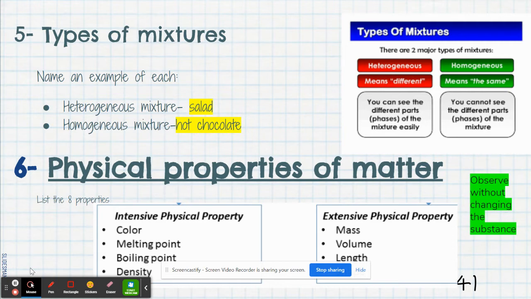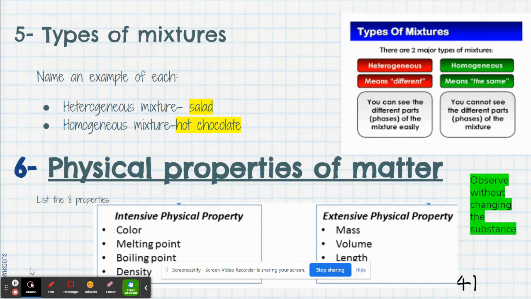Perhaps you remember when we studied genetics last year and we were looking at those same terms applied to different contexts. So a heterogeneous mixture, things that are different, could be a salad. You've got lettuce, cucumbers, tomatoes, croutons, cheese, dressing. And a homogeneous mixture might be something like hot chocolate, where it looks the same throughout, but there are different things there.